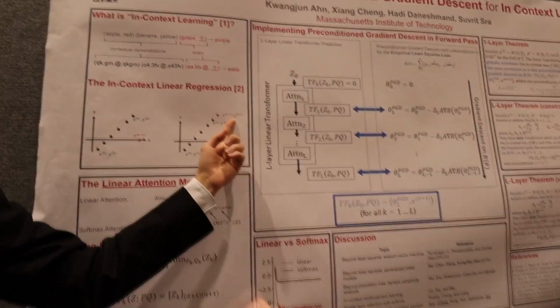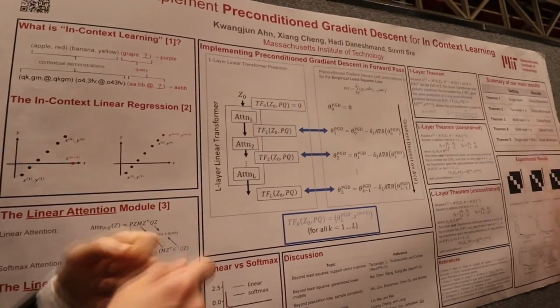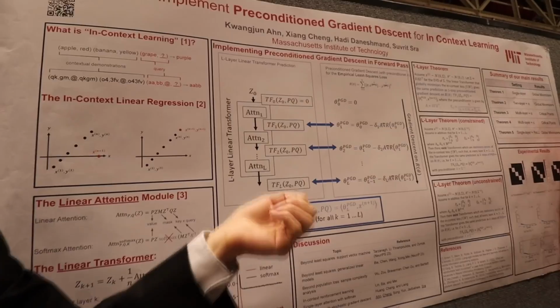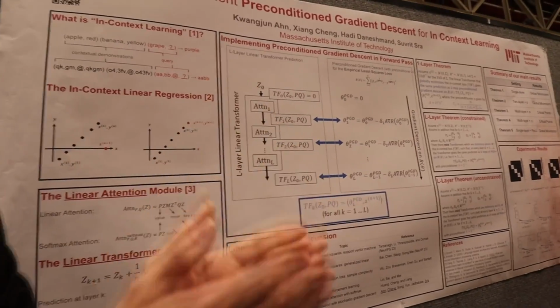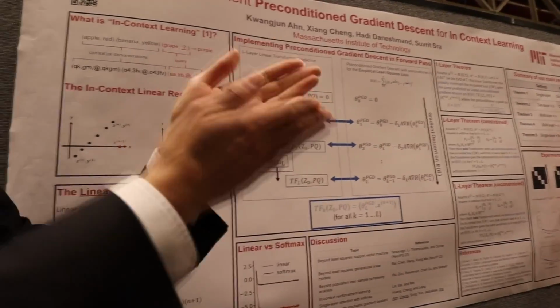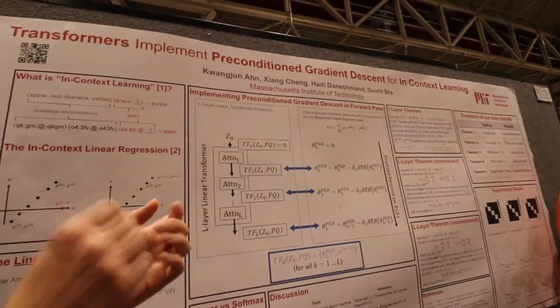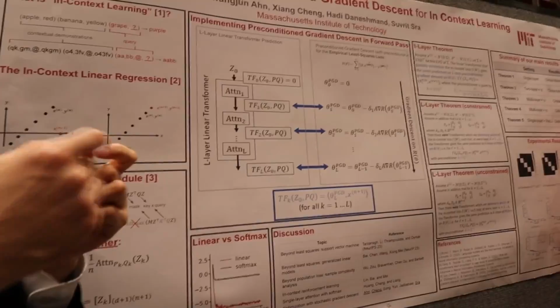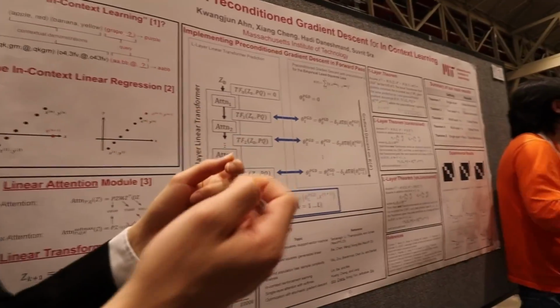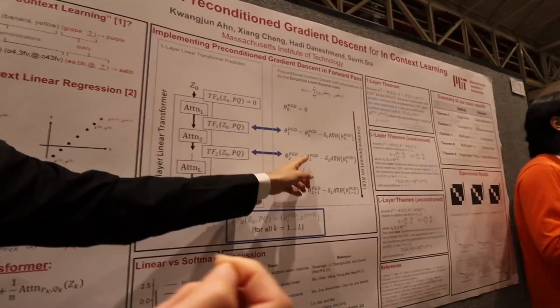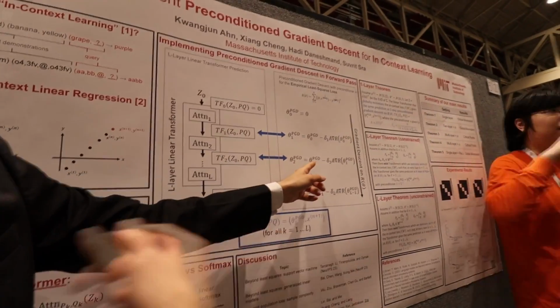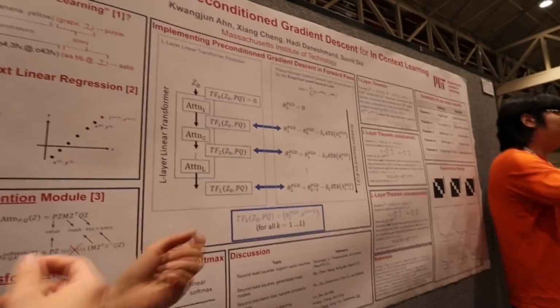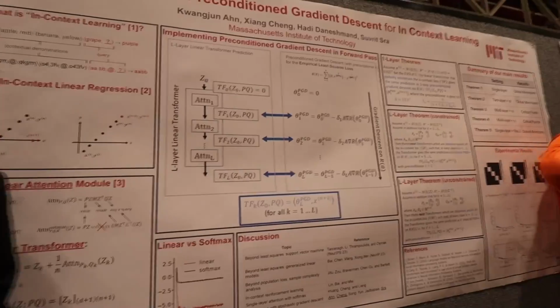It's getting updated across the layers. When you pass the data across the layers, this y at the beginning was 0, and it becomes something at the end. You track how it evolves over the layers, and that's the algorithm. This would be equivalent to projecting this gradient step on x_{n+1}.